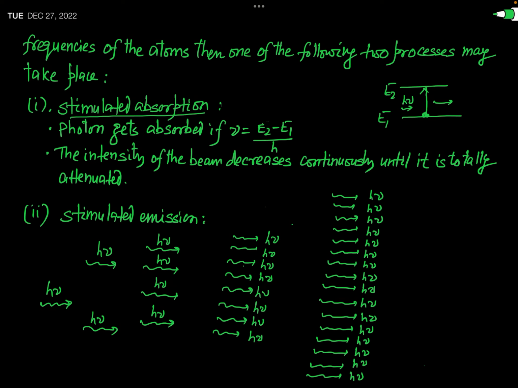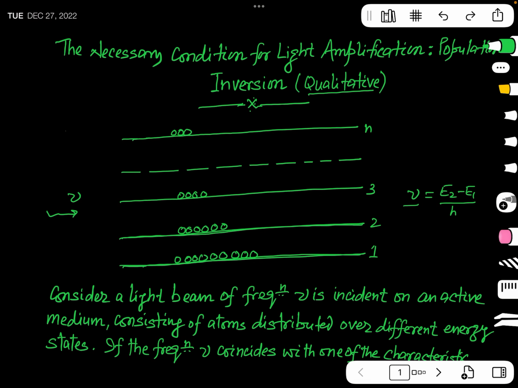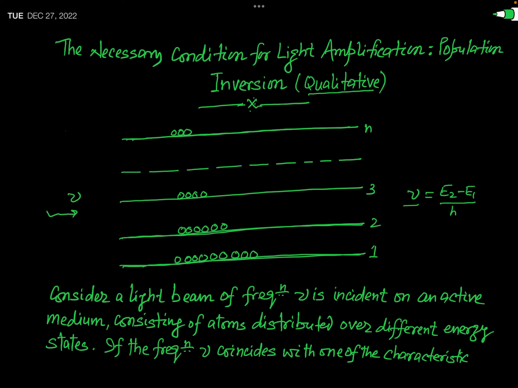At the same time, you have also learned that if the atoms are present in the higher energy level, as you can see in this figure, where atoms are present in this higher energy level, the nth level or third level as I have marked here, and the striking photon interacts with the atoms present in the higher energy level, then this striking photon is not absorbed.